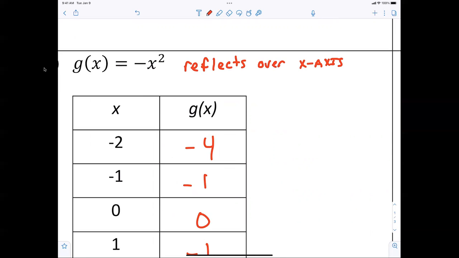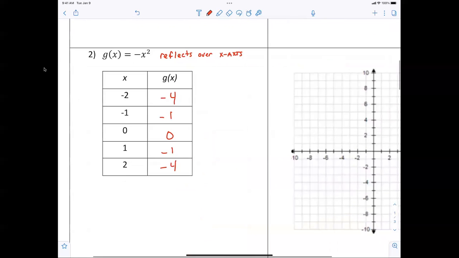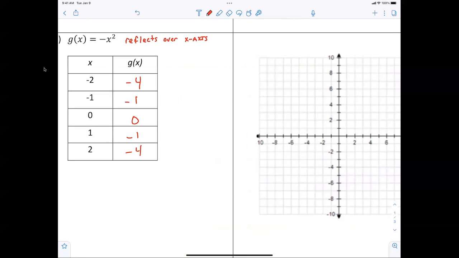That's literally what they'll be teaching you in Algebra 2. It's called a reflection. Now, what I want to do is plot those points, and you can see what I mean. Then graph it, and you will see it's been reflected over the x-axis.